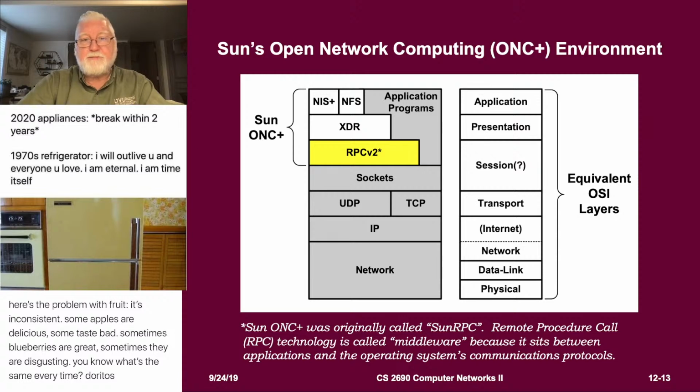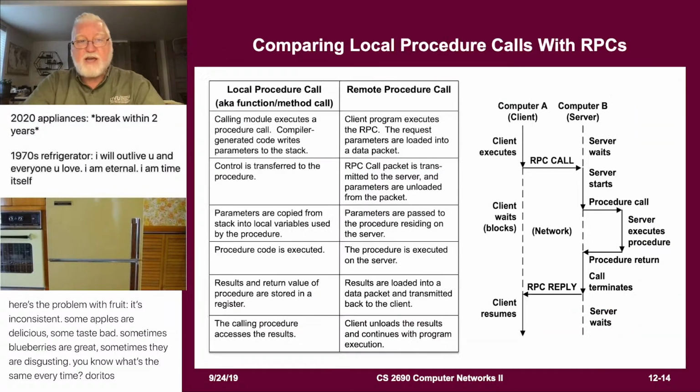Let's see. All right, so I talked about these just a little bit briefly on Monday. RPC is something that's above sockets, a remote procedure call. The whole idea, just to reiterate, is I've got a function, it's a library, I link the thing together, and I want the code that I'm running to be somewhere else.